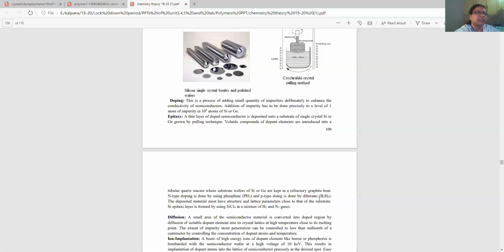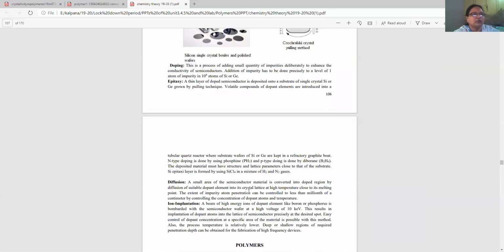Then coming to diffusion. You all know what diffusion is. A small area of semiconductor material is converted into a doped region by diffusion of a suitable dopant element into the crystal lattice at a high temperature close to its melting point.